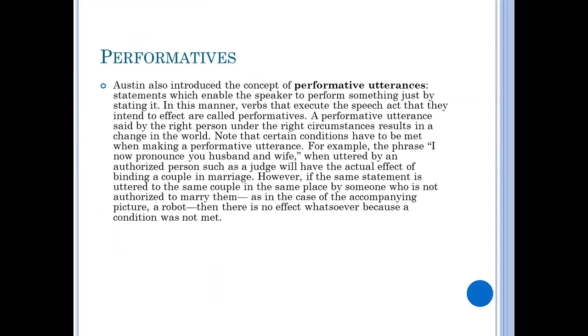Performative utterances are statements which enable the speaker to perform something just by stating it, with verbs that execute the speech act that they said. When said by the right person under the right circumstances, this results in a change in the world. Note that certain conditions have to be met when making a performative utterance.